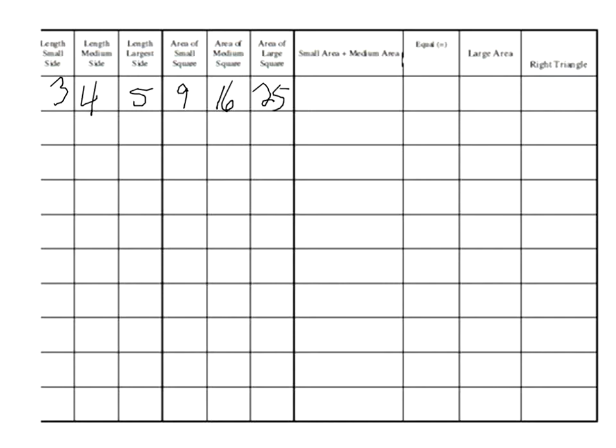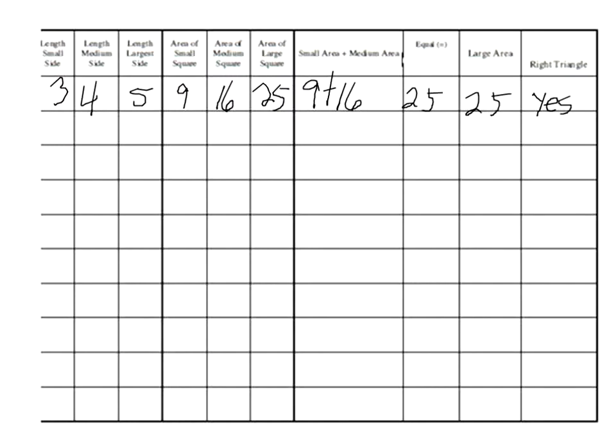So we had 5 squared, or 5 times 5, to get the area. And we found out that the small area, 9, plus the 16 for the medium area, made 25. And that happened to be the same as the large area, and that did make a right triangle.